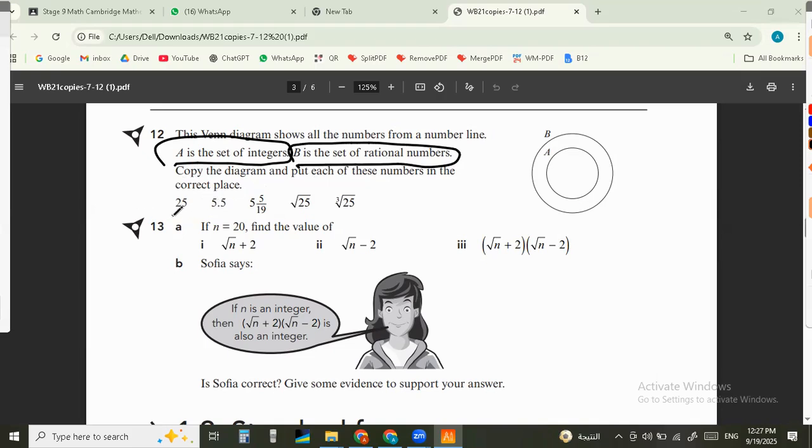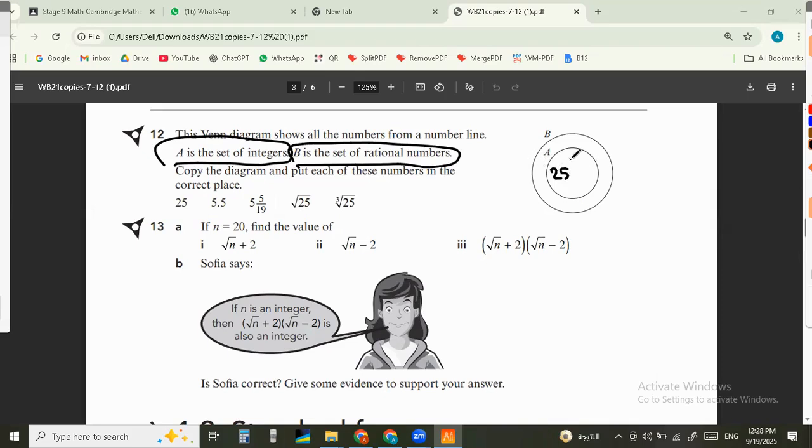All right, 25. Is 25 an integer or not? Yes, mister, it's an integer. So you put it in the circle. Oh, but mister, it is also rational. Exactly. That's why integers, all of them are rational. All integers are rational. That's why 25 is in the integer circle and the rational circle. But you cannot get it out of the integer circle.